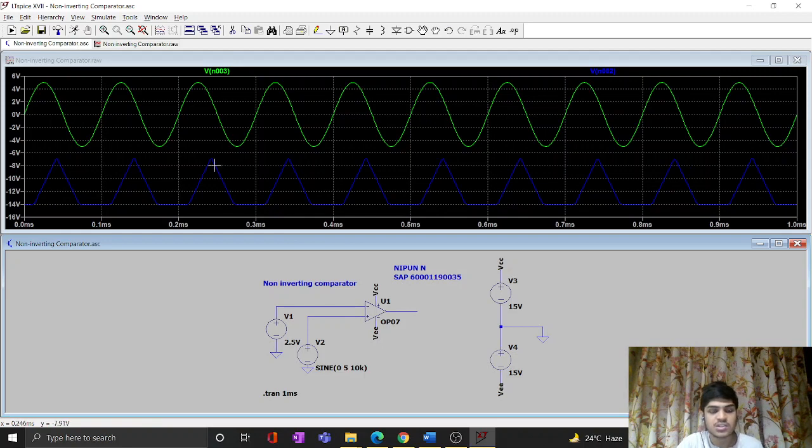you can see it gets totally clipped away from the input, and we do not get the output as we desire.